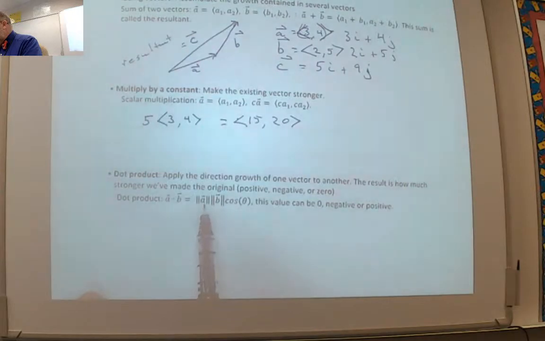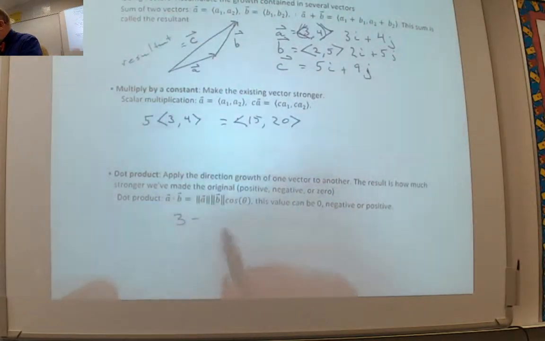The magnitude of A times the magnitude of B times the cosine of that angle is what we call the dot product. This value can be 0, negative, or positive. And it's the sign of that value that tells us the direction of growth, how it compares to the original vector. We use this a lot in 3 dimensions.